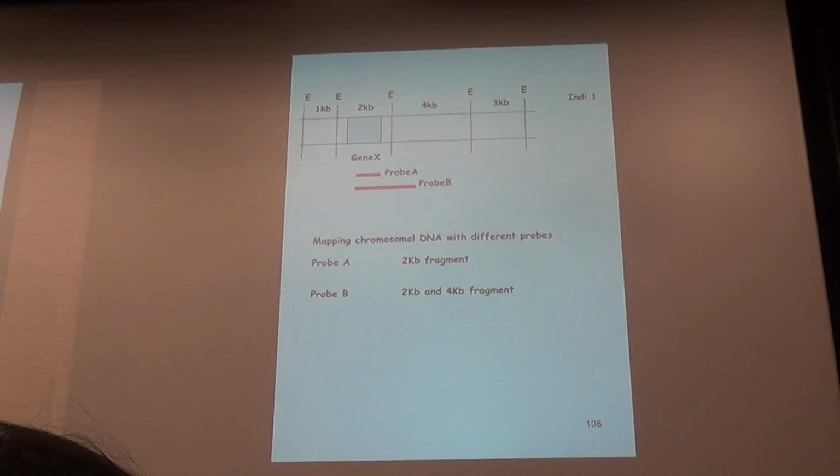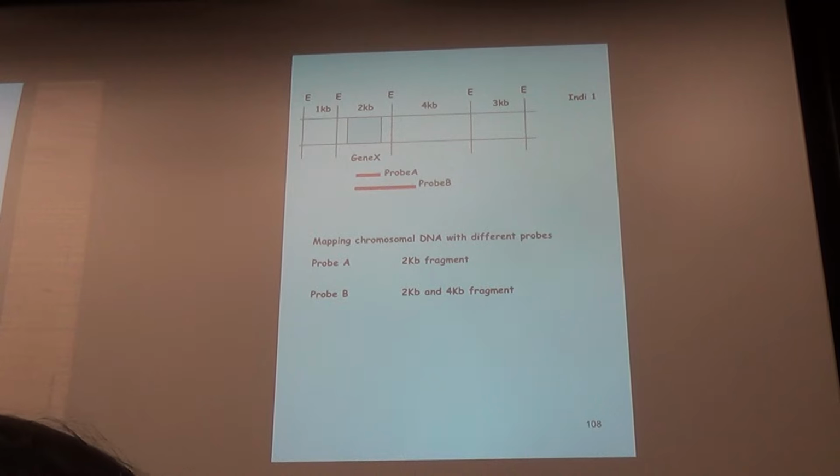And so this probe, because it has a region that's perfect with the yellow, will hybridize right there and label this part. The same probe also has a segment of green. And this probe will now also hybridize with the green. And so now you have 2 bands that will light up on a gel.